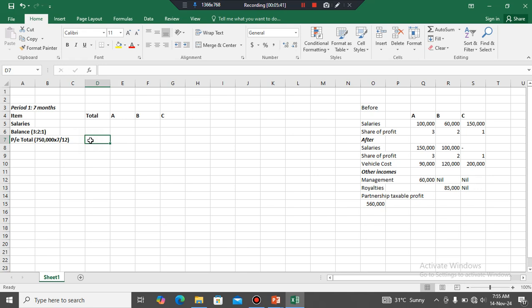So 560,000 multiplied by 7, and you divide the answer by 12. It's giving us 326,666, which is about 326,000.